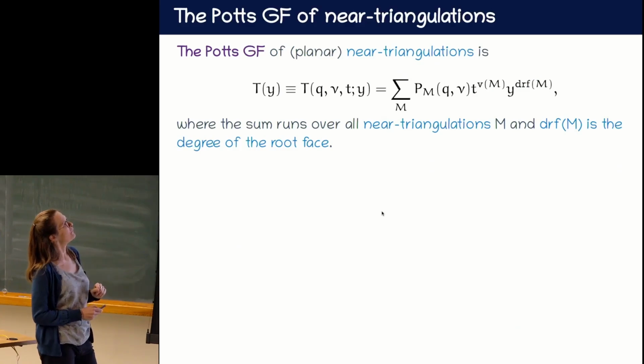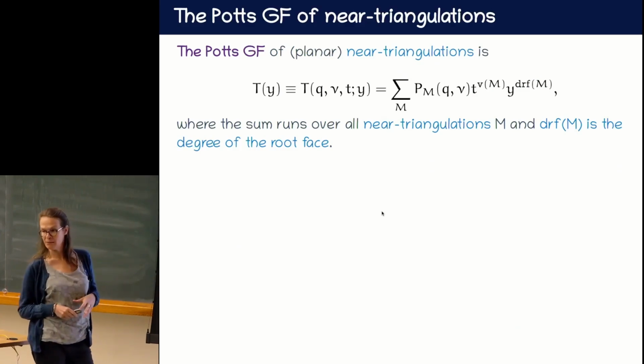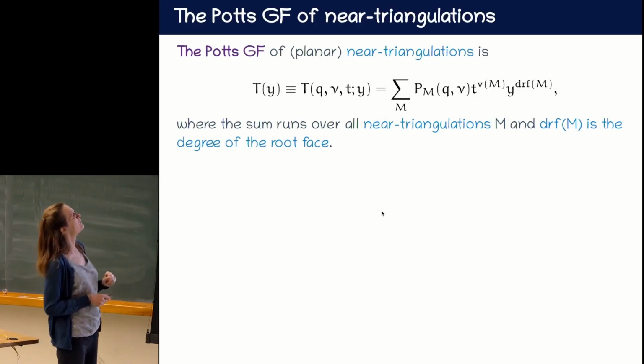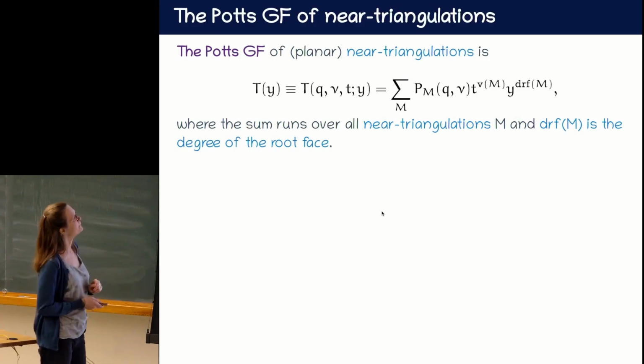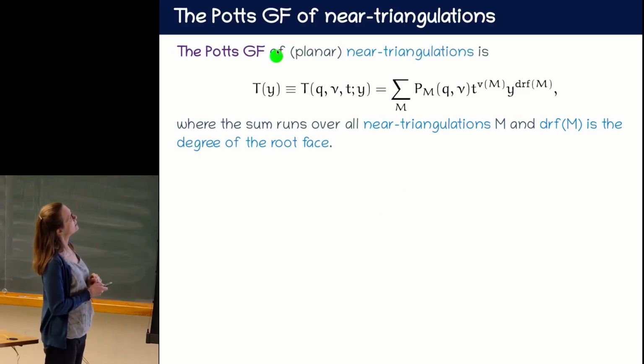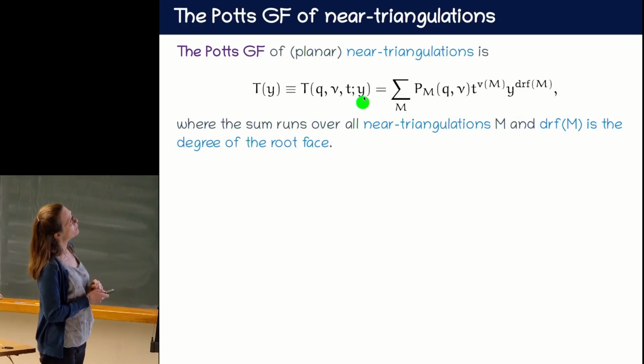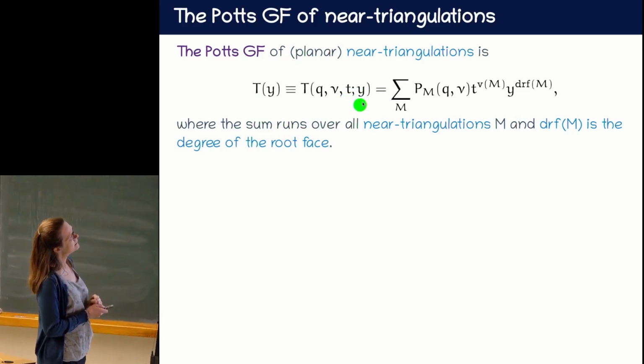Okay, so now that we know what this is, we can define for a class of maps, say near triangulations, its Potts generating function. So it's a series in one main variable t that will record the size, and here I take the vertex number.